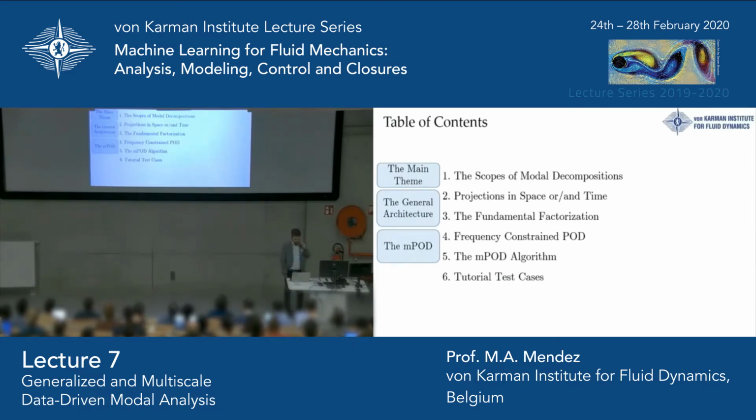And we will use this to have some fun with the POD and check what happens, for example, if you constrain the frequency content of your data. What happens to the POD if you do some filtering on the data? And the things that we will learn there, we will use them to derive the multiscale POD, which is an algorithm that becomes a POD or a DFT, depending on how you use it.